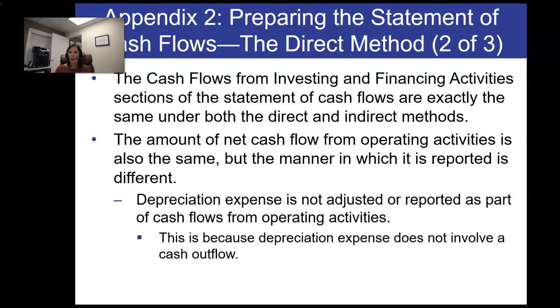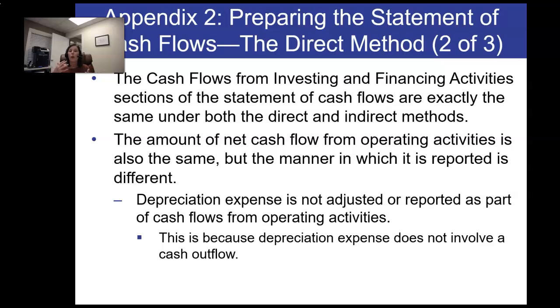If you remember back to the indirect method, we predominantly used our balance sheet. We looked at the pluses and minuses for our assets, liabilities, and equity, and then we only referred to the income statement to look for depreciation expense and gains or losses from the sale of our long-term assets.